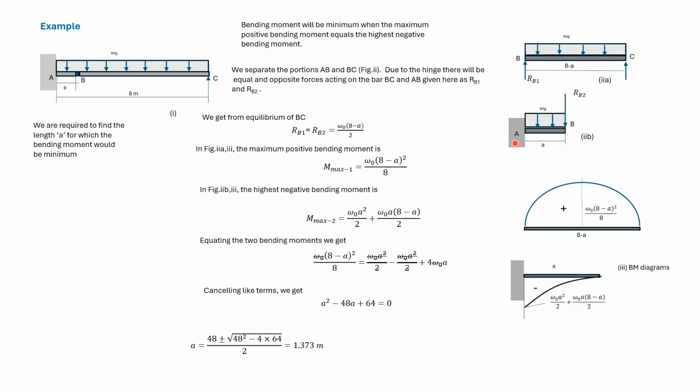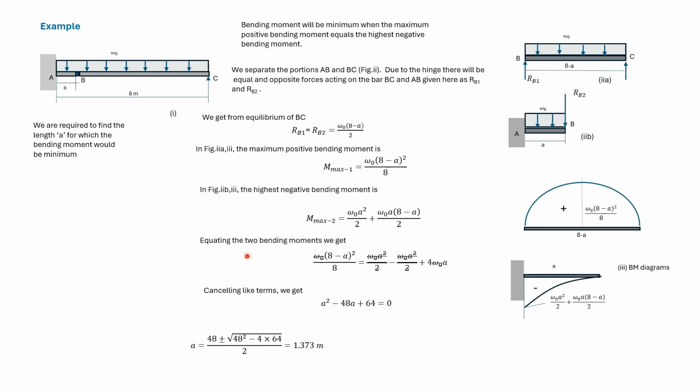The cantilever beam AB is subjected to a negative moment at A. The negative moment is due to the omega 0 distributed load and also due to RB2, which is a point load. The maximum moment at A is therefore omega 0 A squared by 2 plus RB2 into A, which is given here.